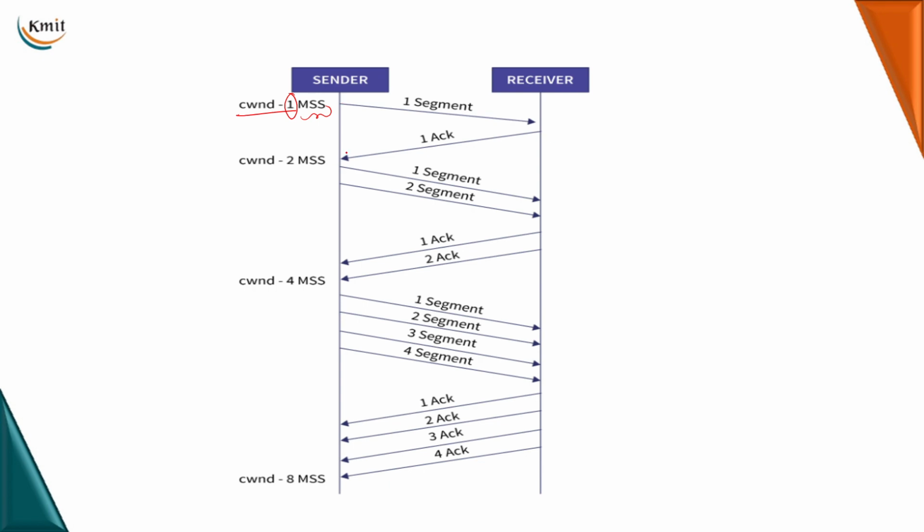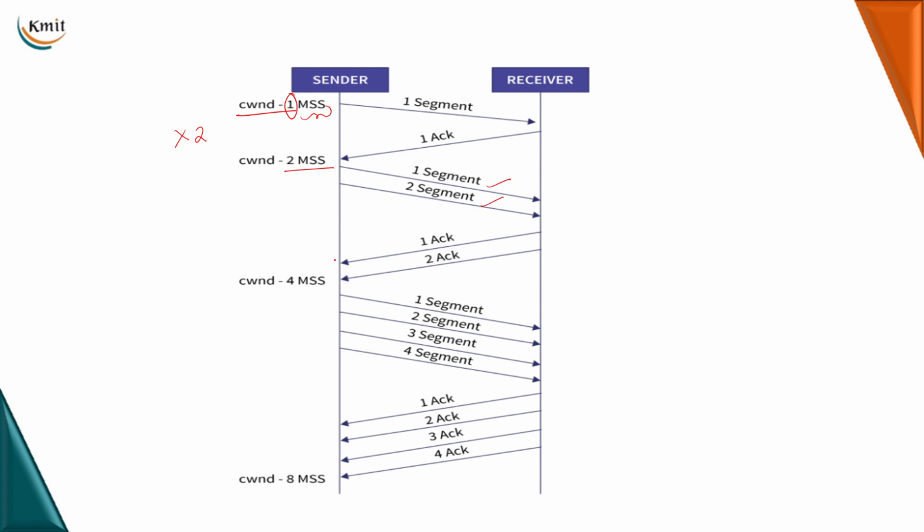I got an acknowledgement for this segment. It means that there was no congestion. It was successfully delivered. Once I get an acknowledgement for this, I will increase the window size exponentially by multiplying it by 2. 1 twos are 2. Next time I will send 2 TCP segments, 1 and 2.